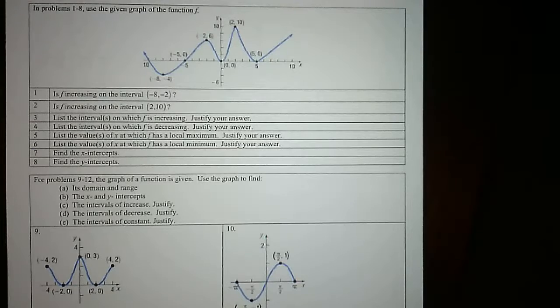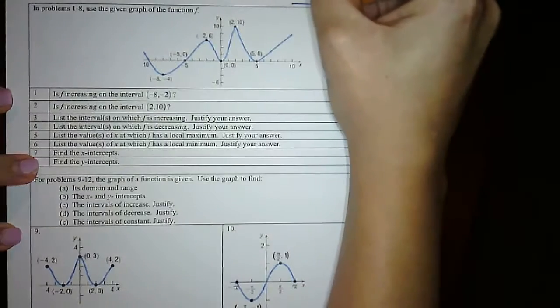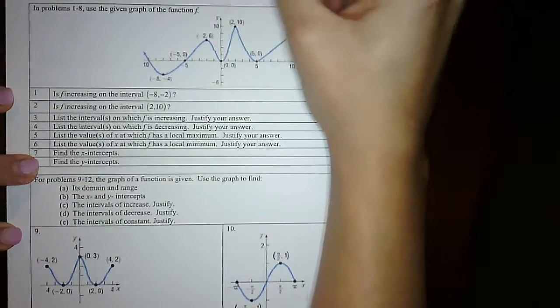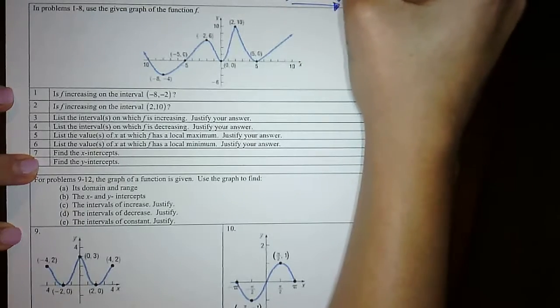So, intervals of increase and decrease. It is increasing if it's going up. We always read left to right. This is increasing. And if it's going down, it's decreasing.